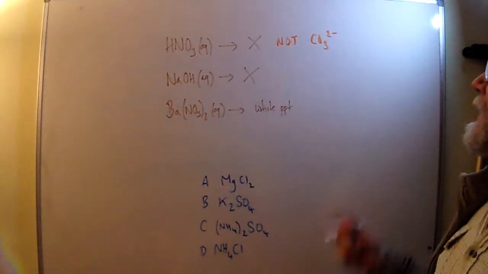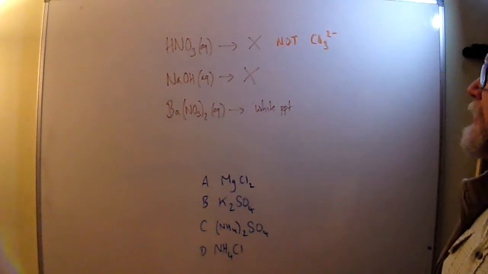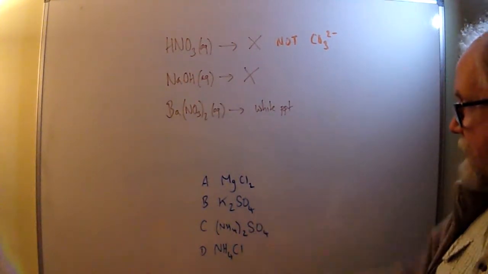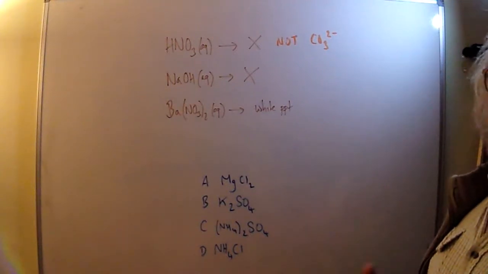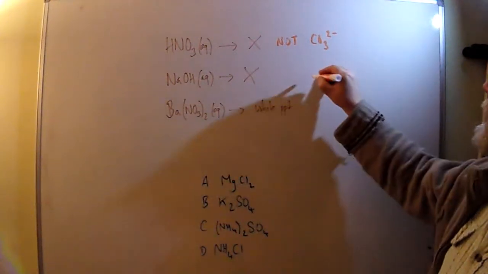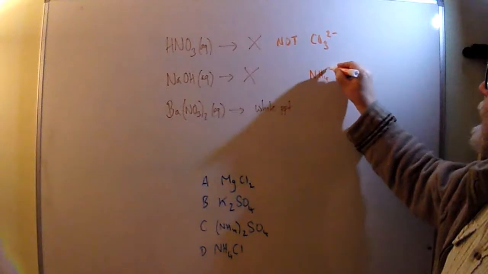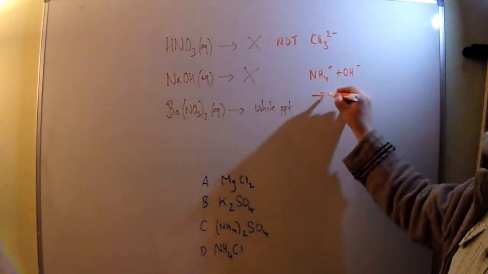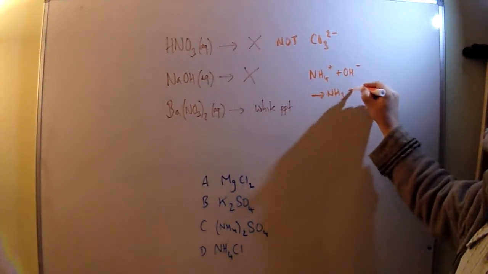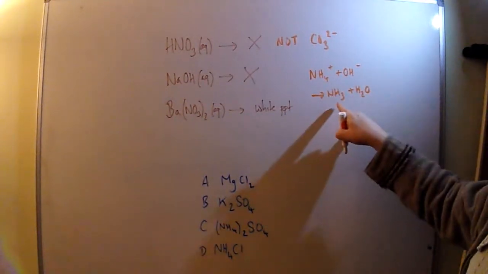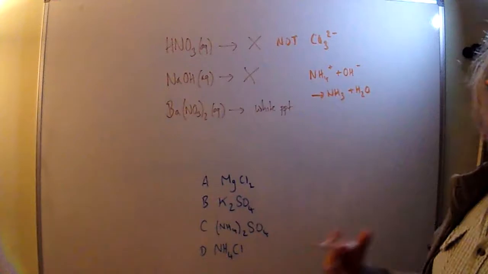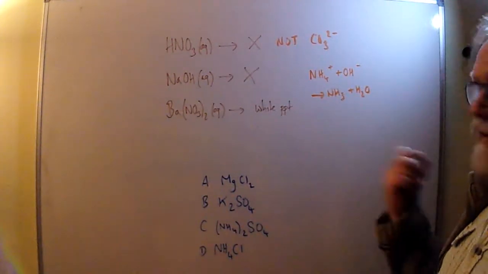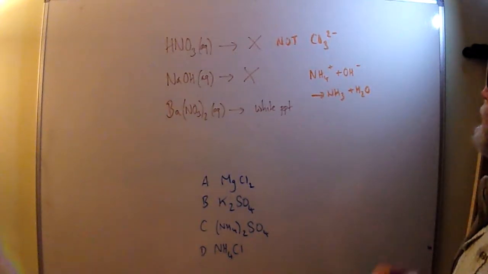Second bit of information is that there's no reaction with aqueous sodium hydroxide. Now that is important in the context of these possibilities, because remember, if you have an ammonium salt, if you have NH4+, and you react with sodium hydroxide, you get ammonia formed, because this reaction happens, and the ammonia gas is detectable because it smells, but also it turns red litmus paper to blue if it's damp.